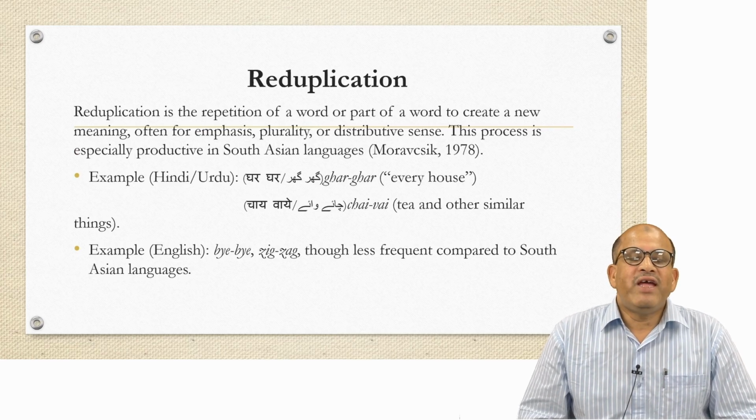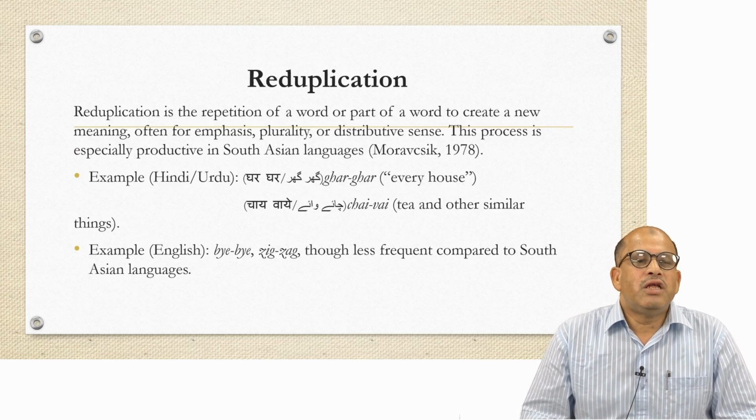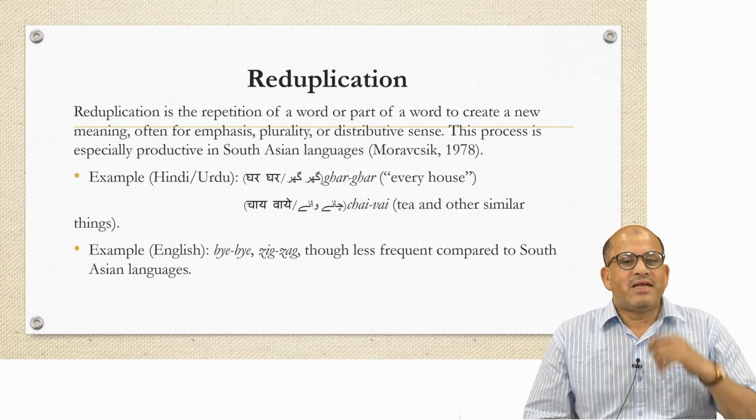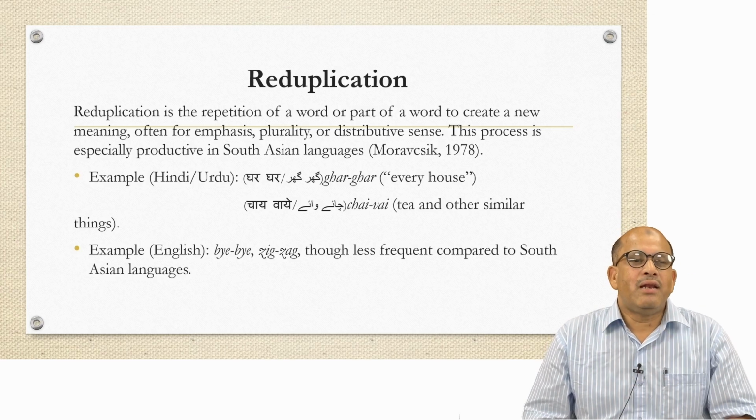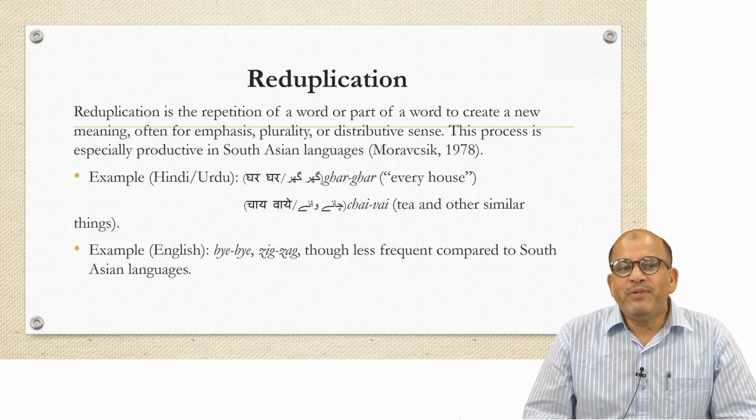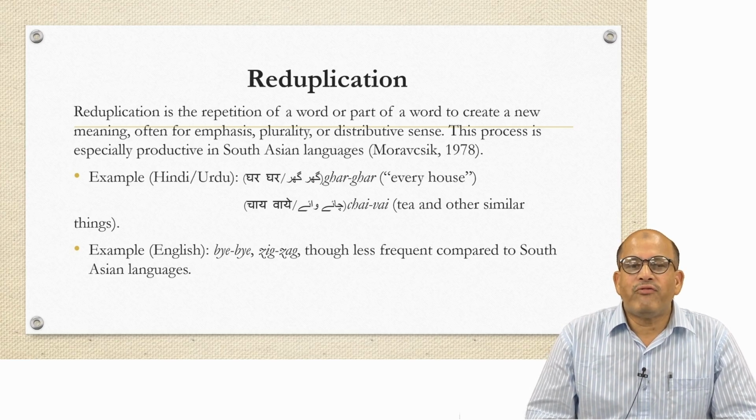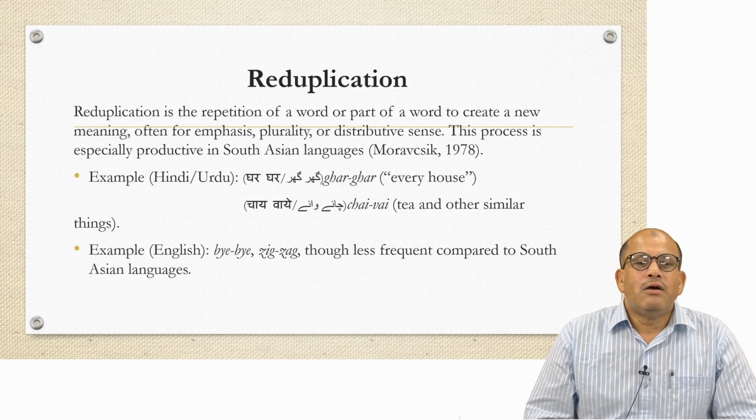Next is reduplication. Reduplication is very common in Hindi Urdu. Reduplication, by the prefix re meaning again and again, is the repetition of a word or part of a word to create a new meaning, often for emphasis, plurality, or distributive sense.